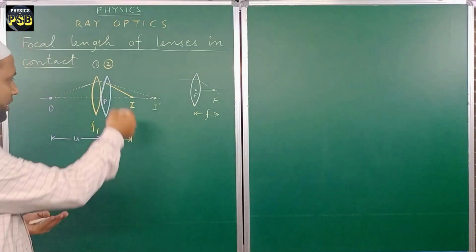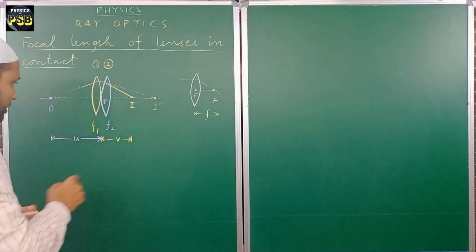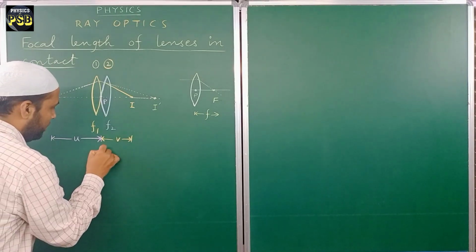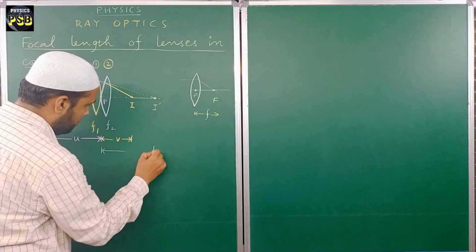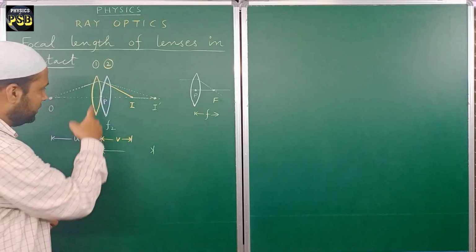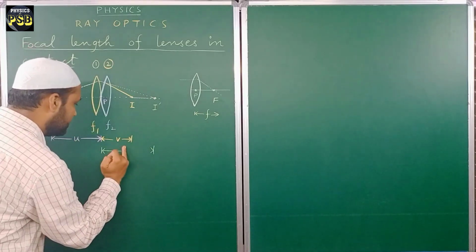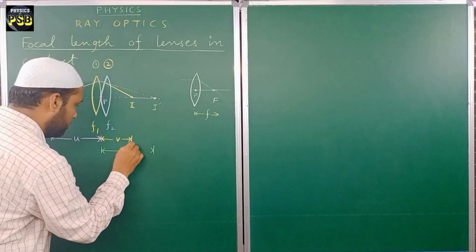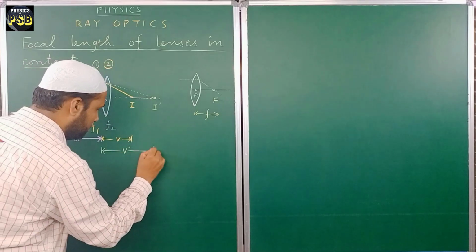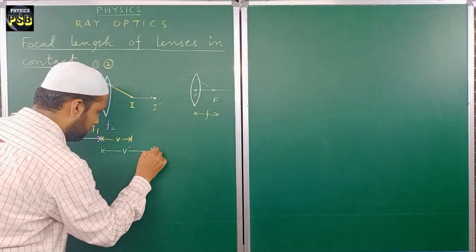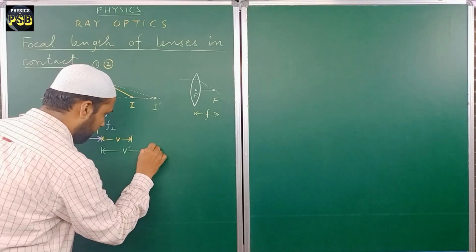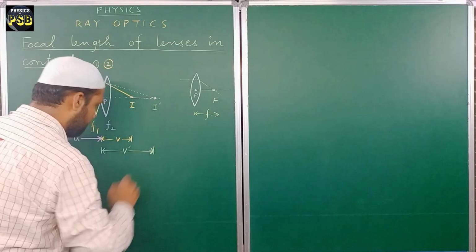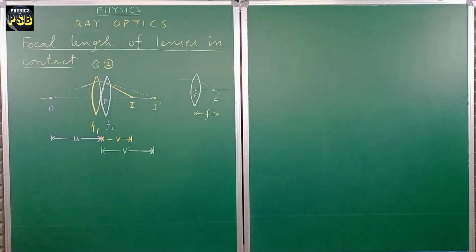Now similarly, we have one more thing here: the distance between the virtual image and the pole is taken as v dash. Okay, so these are the things we have here.